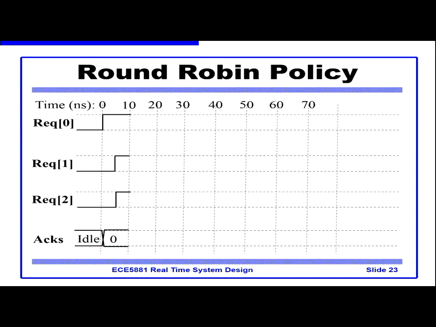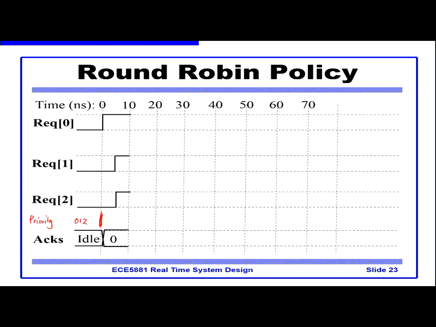All right, so let's have a think about this. Round-robin has the property that we rotate the priority. So let's just write the priority order as another set of notes, if you like. We're going to start with the traditional 0, 1, 2 priority order.